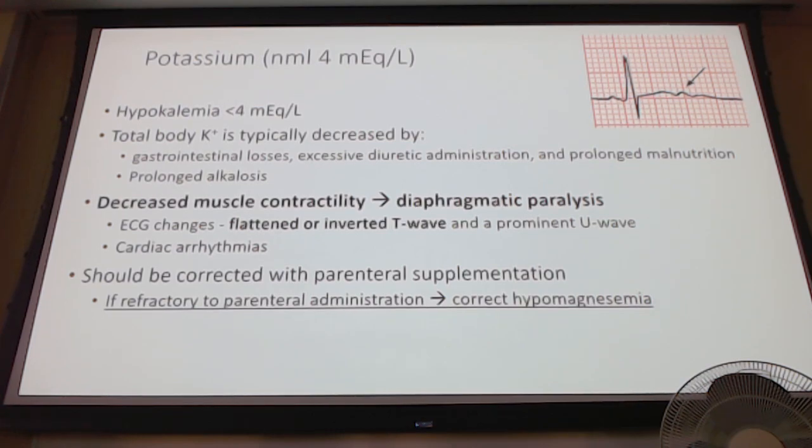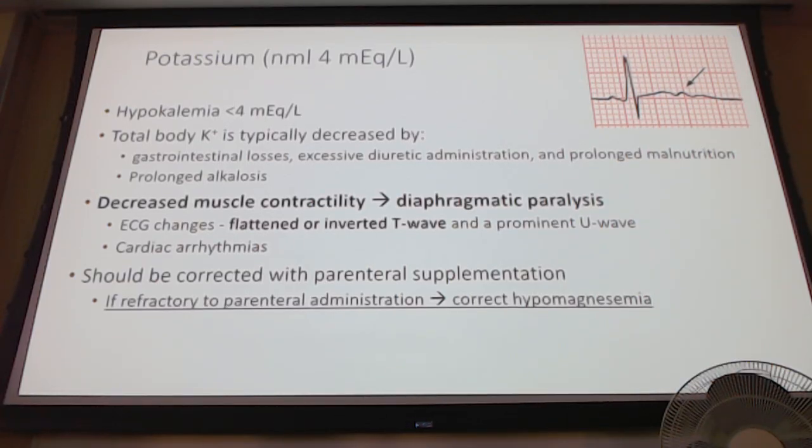If it's flat, we give more, but realistically, we're just going to give them potassium, IV or PO if they can take a PO, and we're going to monitor depending on how bad it is.